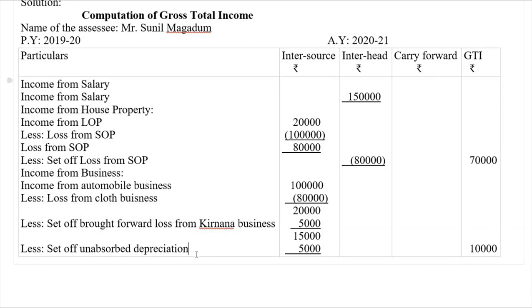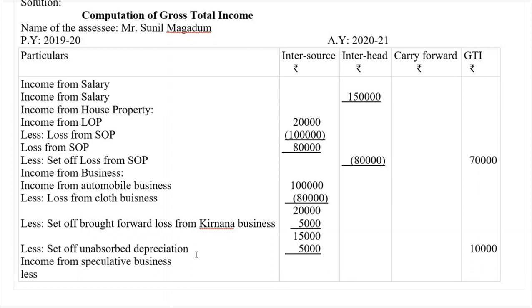Then the next head, we have speculation income as well as a speculation loss. So income from speculative business less set off of loss from speculative business.